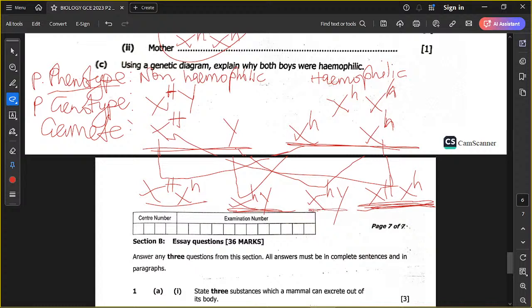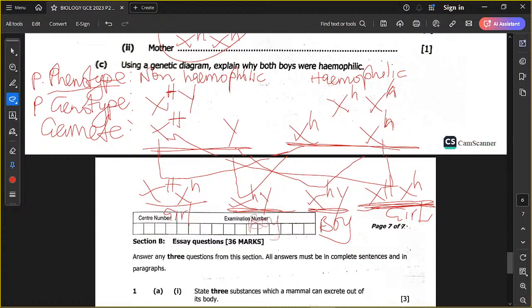So the question is, using a genetic diagram, explain why both boys were hemophilic. What we can say from there is, we know that these are girls and these are boys.